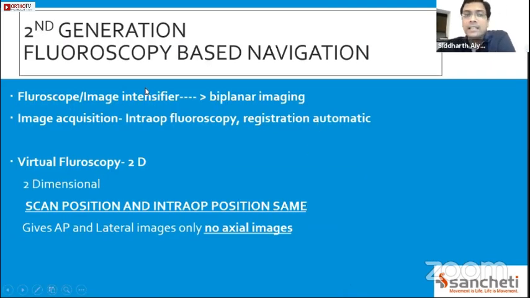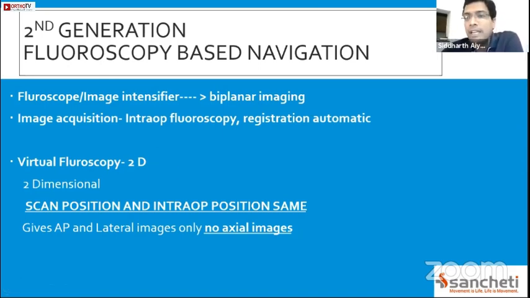What changed with second generation was it was fluoroscopy based. By now, fluoroscopy was used regularly in the operation theater in terms of biplanar imaging, which would be AP and lateral shoots. From this fluoroscopy, we moved to image acquisition intraoperatively using the same fluoroscope. The registration was automatic, but the drawback was this was a two-dimensional image.